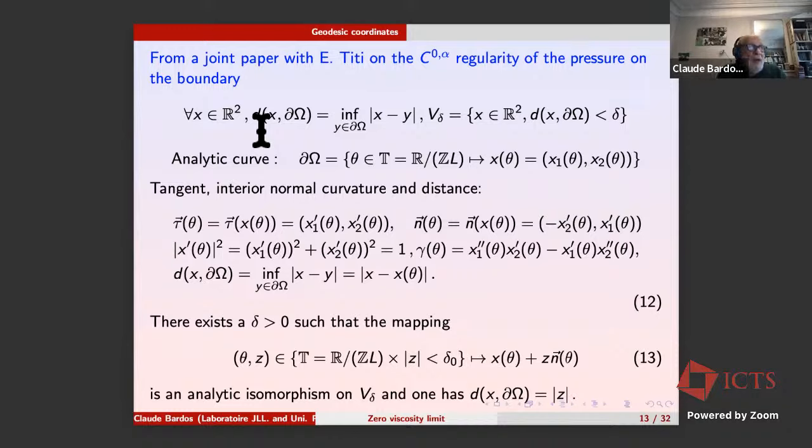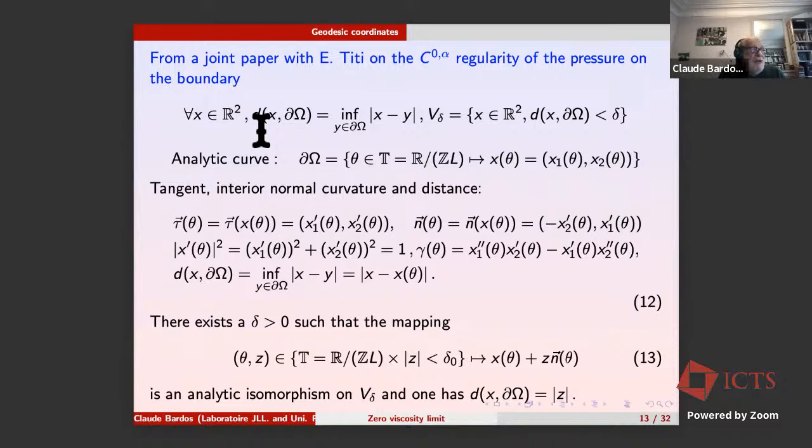And with the normal component and the tangent component, you have the curvature of the boundary. The curvature of the boundary is gamma of theta. It's equal to the second derivative of x1 multiplied by the first derivative of x2, minus the first derivative of x1 multiplied by the second derivative of x2.